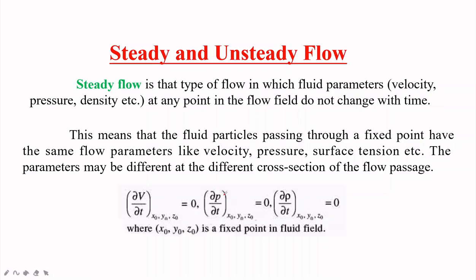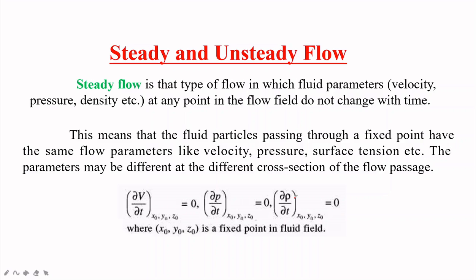What about pressure? Dou p by dou t at x naught, y naught, z naught should be 0. Dou rho by dou t, where rho is density, at x naught, y naught, z naught is equal to 0, where x naught, y naught, z naught is a fixed point in the fluid field. Why is it 0?